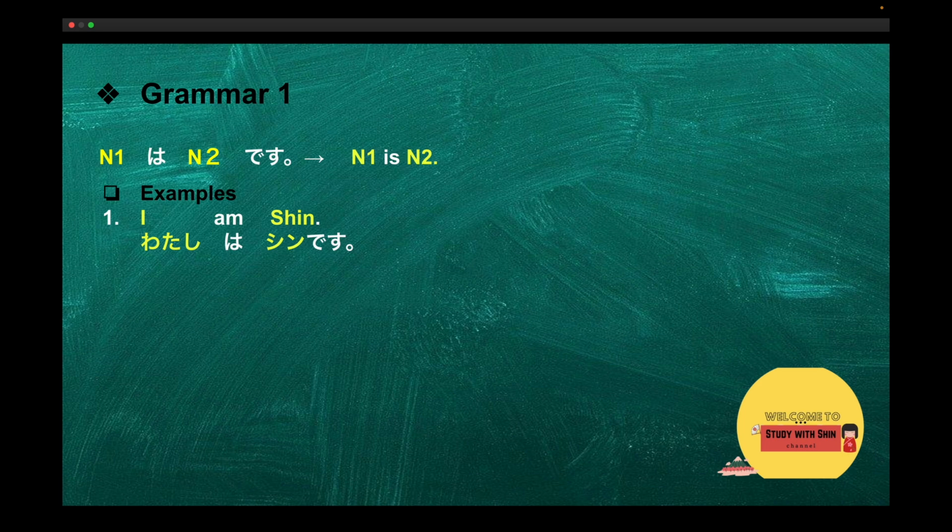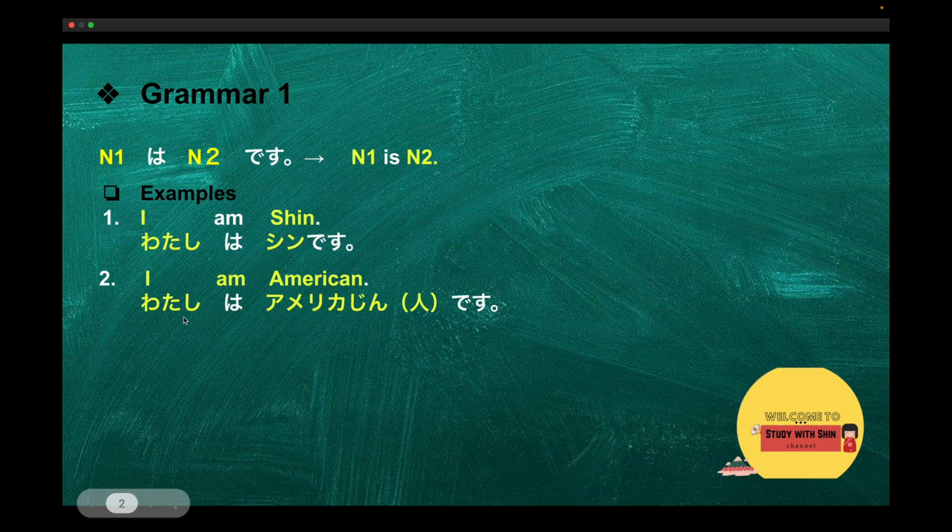Instead of saying your name, you can add other nouns or adjectives. Let's take a look at another example. After saying your name, you can say your nationality. Here, for example, I will say I am American. So noun 1 is I, and noun 2 is American.